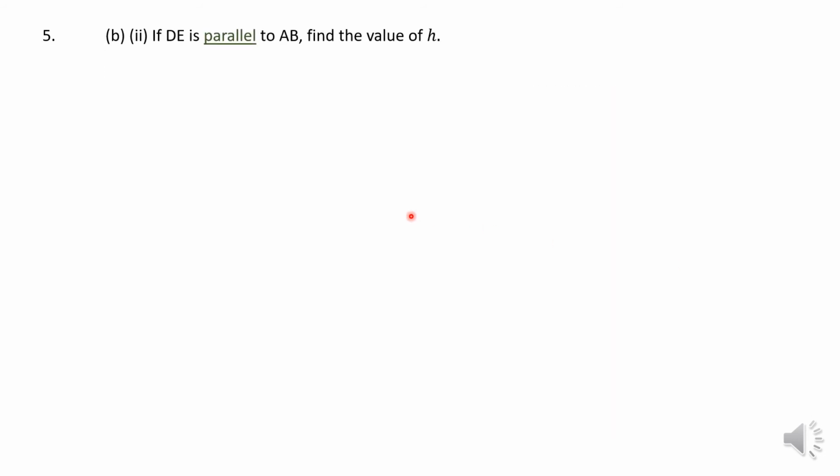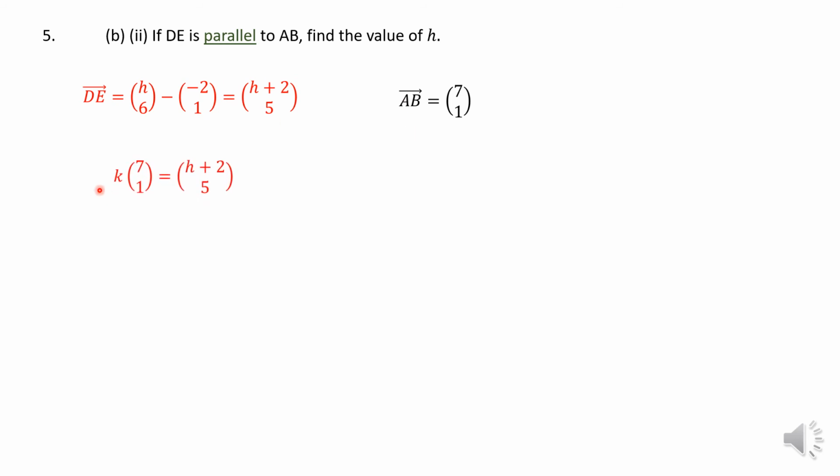Now here they are giving us another set of information. They are saying DE is parallel to AB. So let me bring DE back and let me also bring AB. So these two are parallel. Therefore, some scalar quantity k multiplied by that (7, 1) should equal this. So from here, you just multiply: 7 times k equals h plus 2.